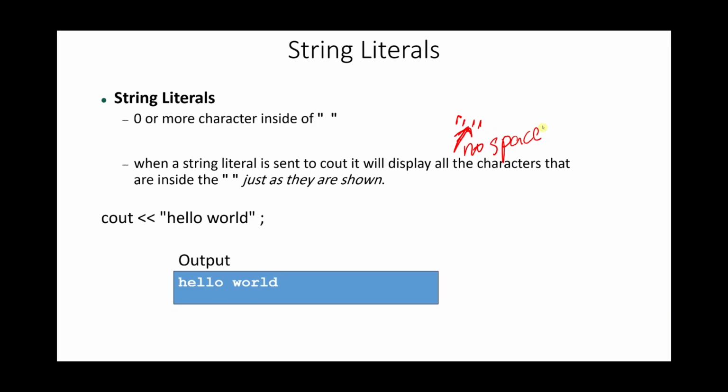Or it could be 1 or more characters, including the spaces. When a string literal is sent to the cout, it will display all the characters which are inside the double quotations, just as they are shown. Like when I have hello world including a space, it's going to be hello world including a space in the output on the console.